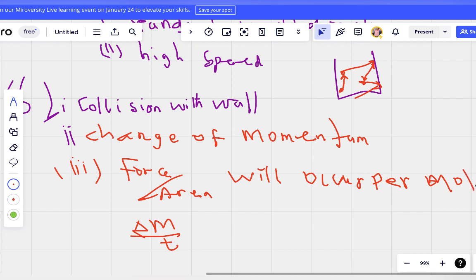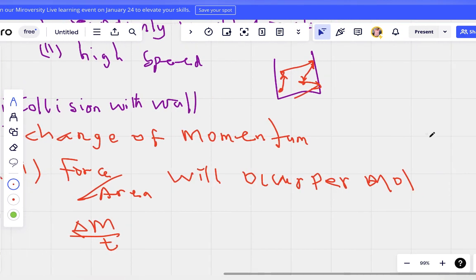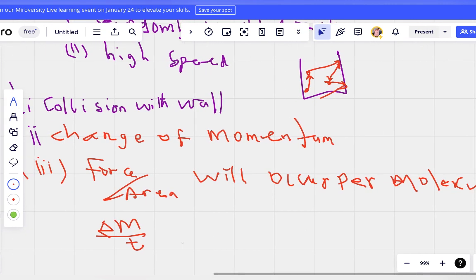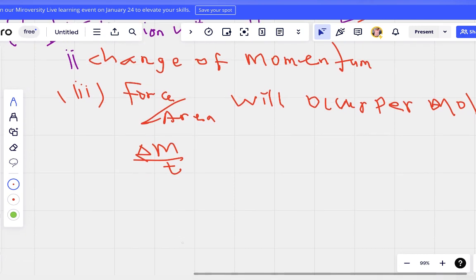The fourth point is that almost all the molecules will be having force per area. Okay, this is for per molecule. Now the fourth point is that all the molecules will be having this force over area. So we can say there will be a total force.